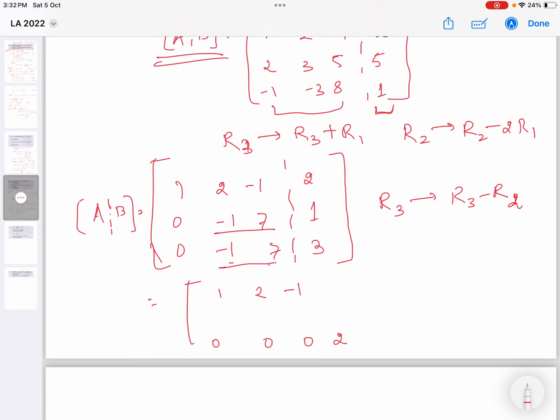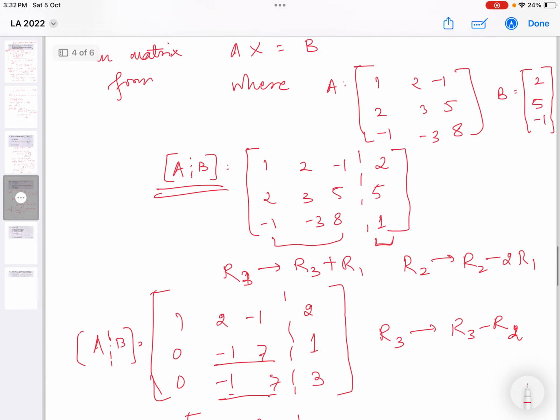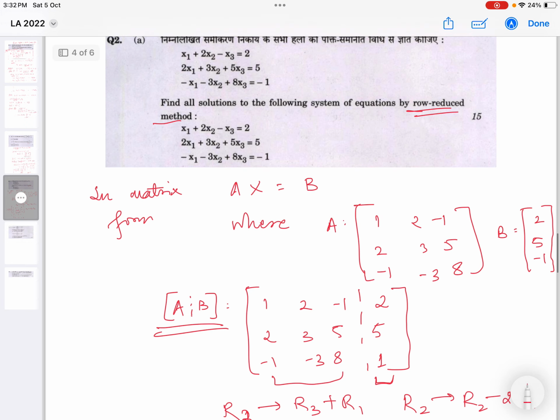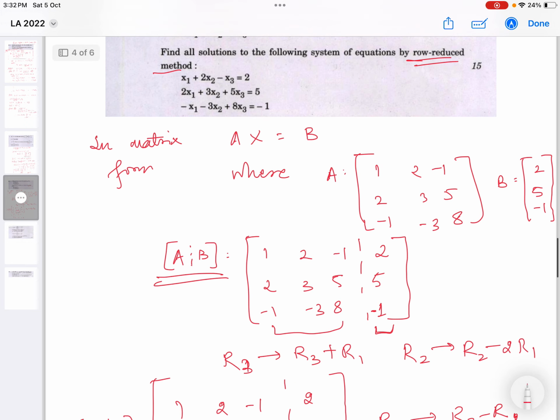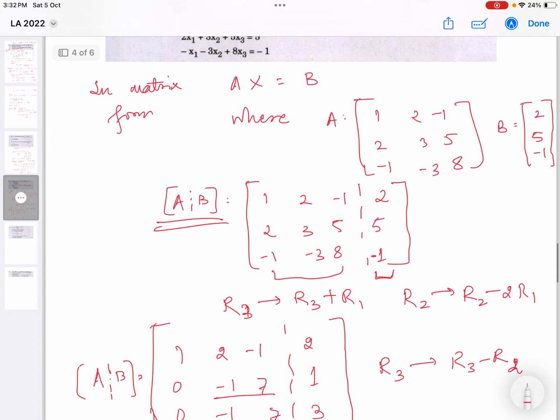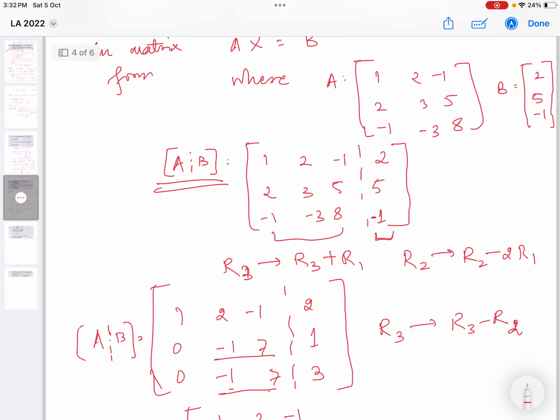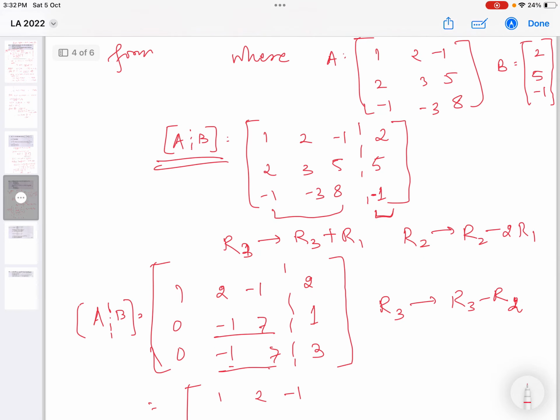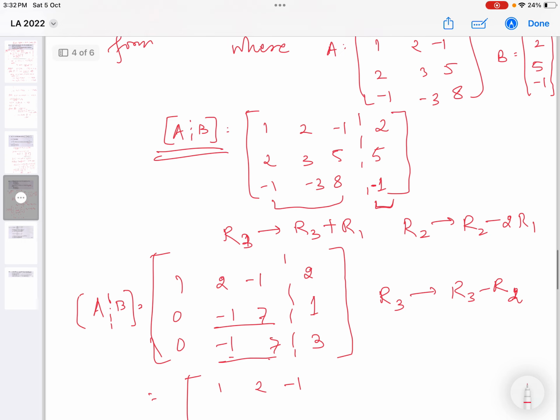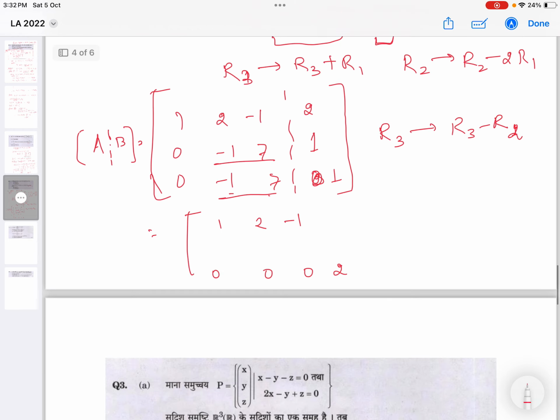I think we are not wrong. 2 5 array, this is minus 1. This is minus 1. If we do this, it will become 1. It will also become 0.